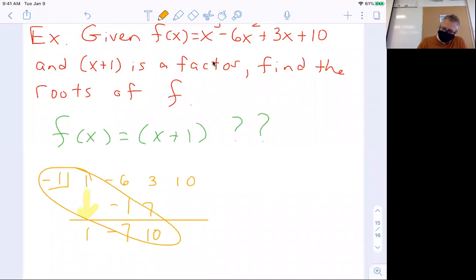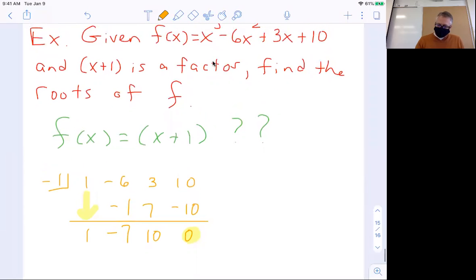Multiply, -1 times 10 is -10, and add down. And remember, we get 0 as our answer, so that means that I've done it correctly so far. If we got something other than 0, then I just go back and I try it again. Because a real common mistake actually is that sometimes students will put like a +1 there instead of a -1 or just forget. So that helps us be careful on that.